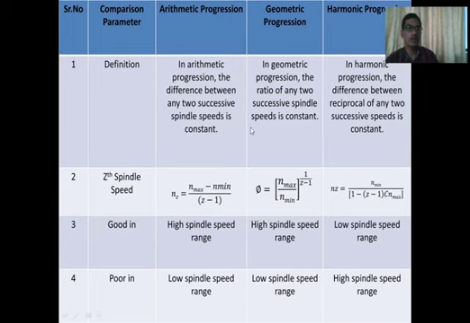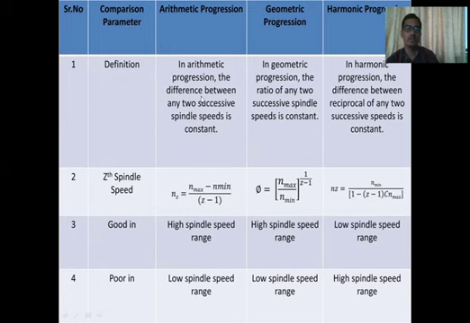So first is the definition. For arithmetic progression, the definition is that the difference between any two successive spindle speeds is a constant. That is the definition of the law of arithmetic progression.